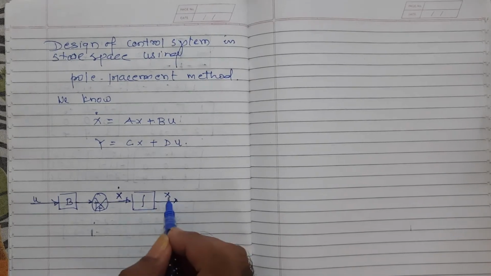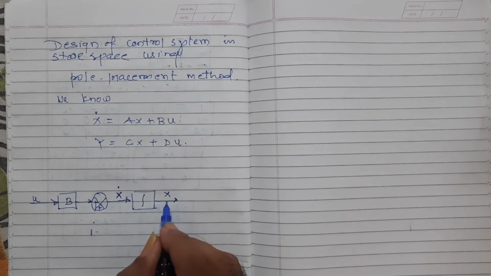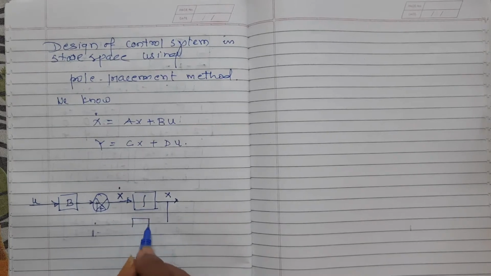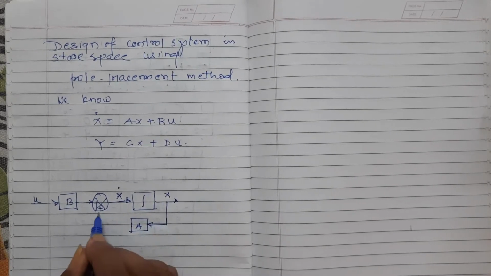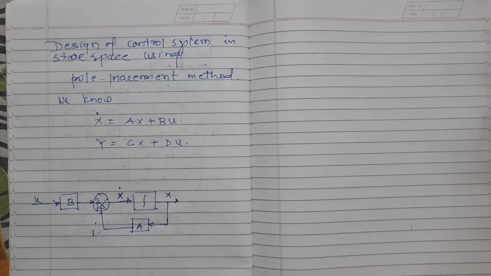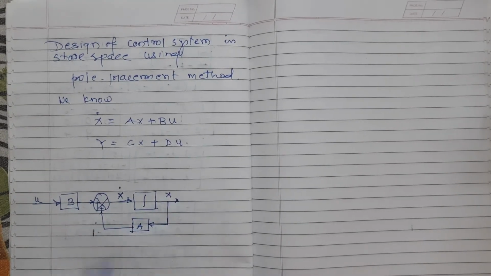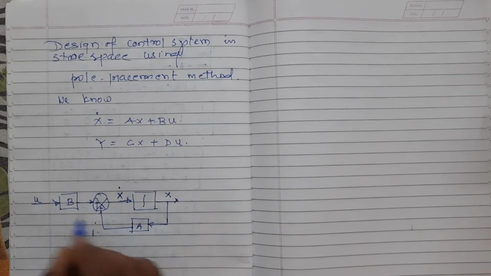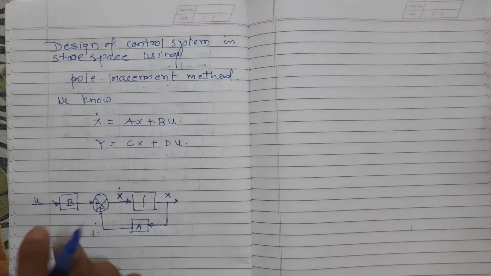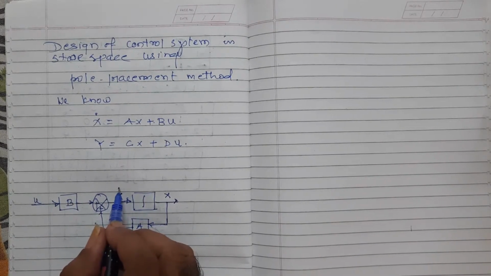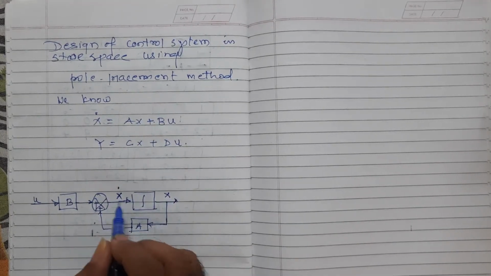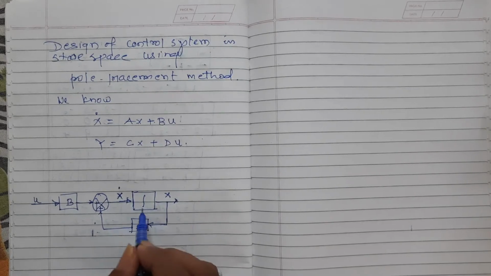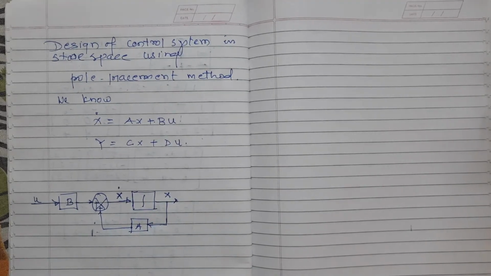Now this x is multiplied by A, so we will have here the block A. Now see here, this is Ax and this is Bu. Ax plus Bu equals x dot. This x we get from the integration of x dot.